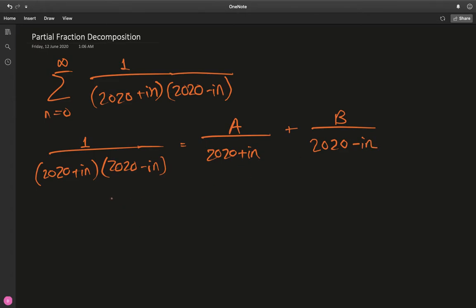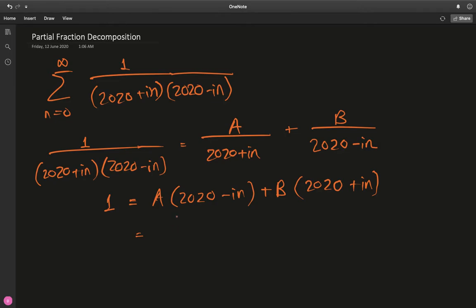So on cross multiplication, the denominators will cancel out and we have 1 is equal to a times (2020 minus in) plus b times (2020 plus in).